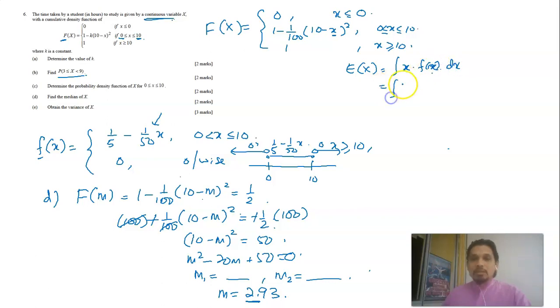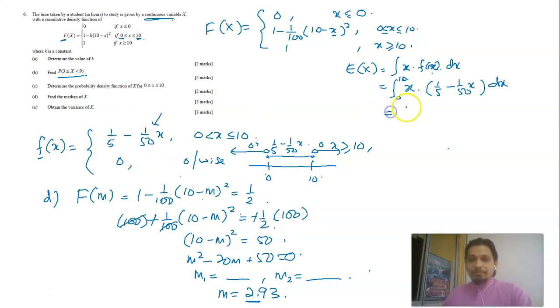So the integral of x times (1 over 5 minus 1 over 50 x) dx from 0 until 10.